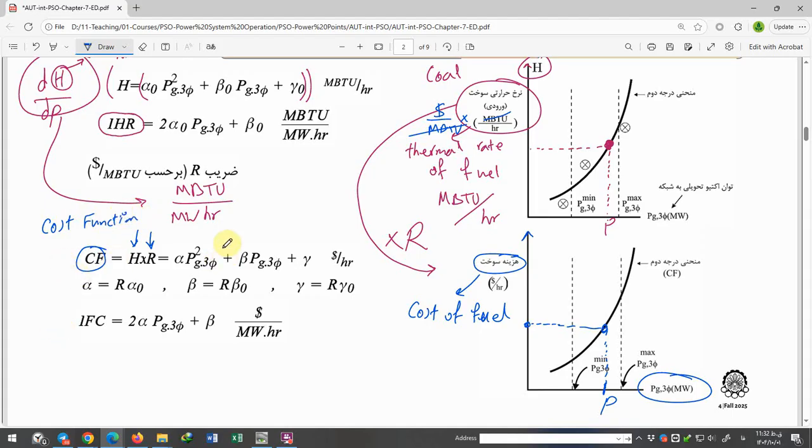The cost function, and this very famous equation, alpha p squared plus beta p plus gamma. The dimension of cost function is dollar per hour. That is very important that if you produce any active power, or Pg is 0, the cost function is not 0.